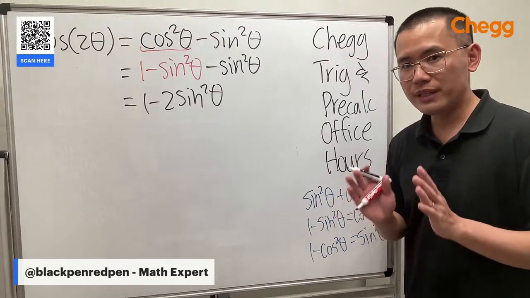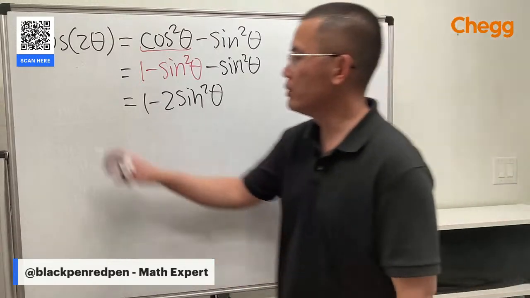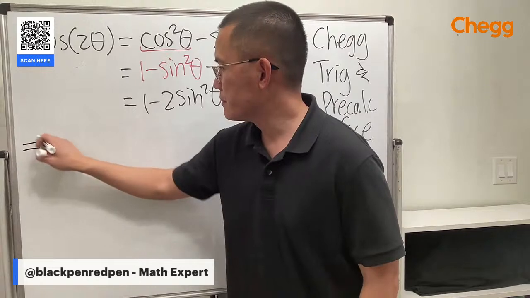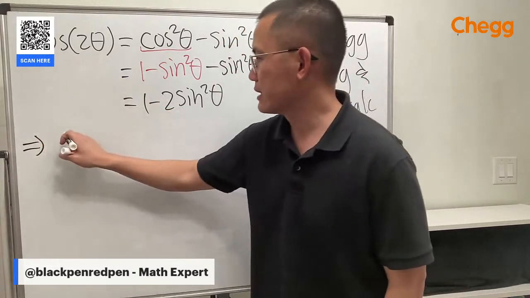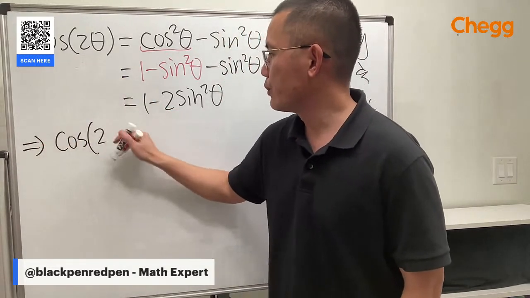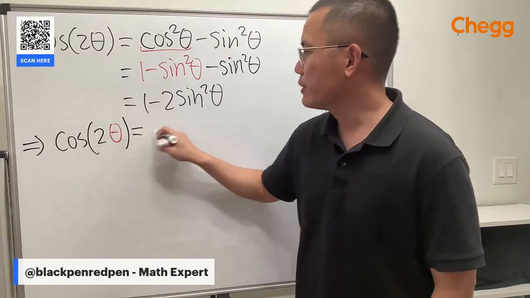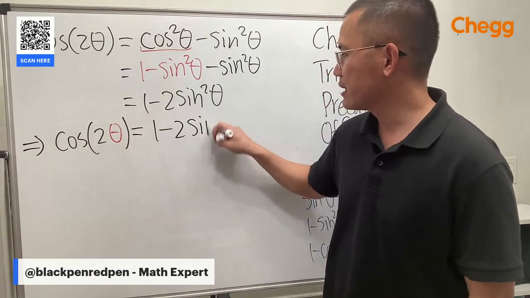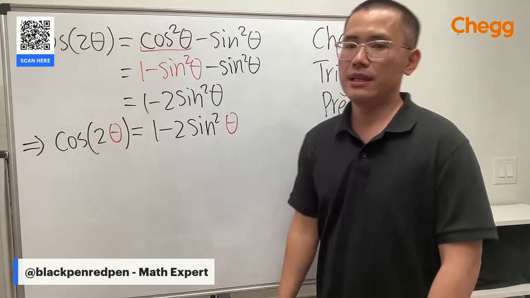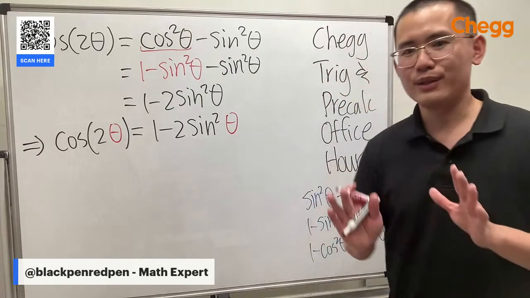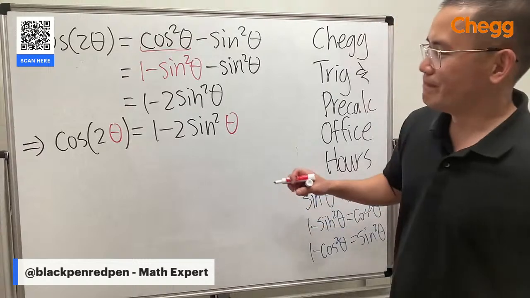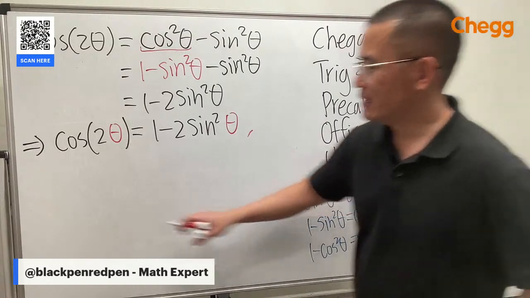And now if you want to prove the half angle identity, you are going to get this is equal to that, right? So let's do this again. Cosine of 2 theta equals 1 minus 2 sine squared theta. And then if you want the half angle, let's write this.